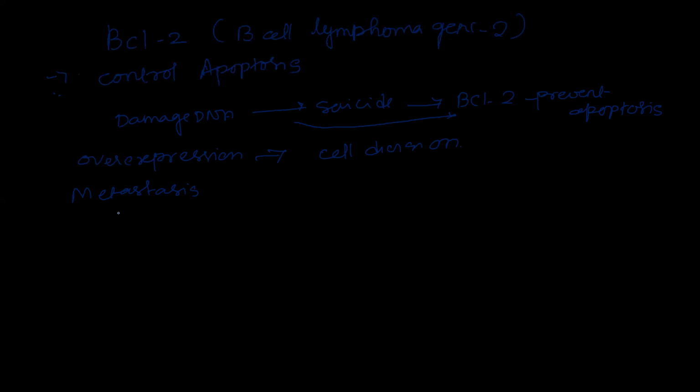And this apoptosis control is disrupted, and so when you use certain drugs, it will have a very negative effect because it is preventing that part. The main aim is to stop the cell growth and also to kill those cells which are already present.